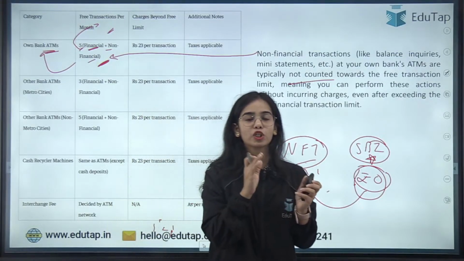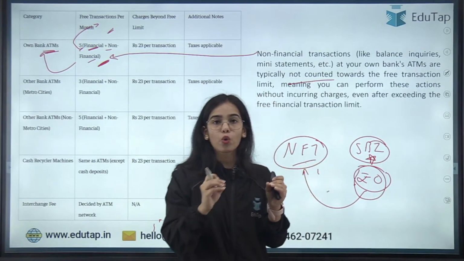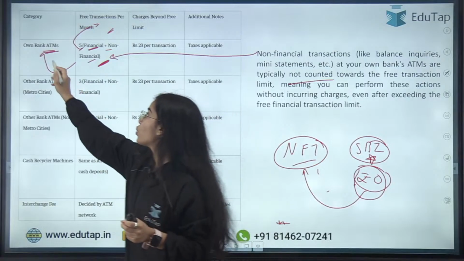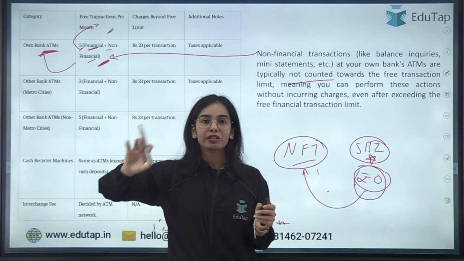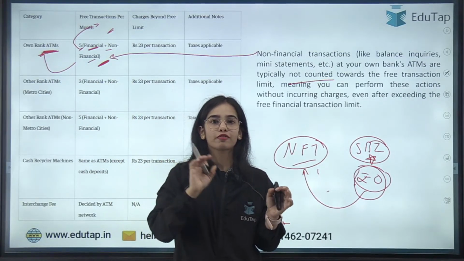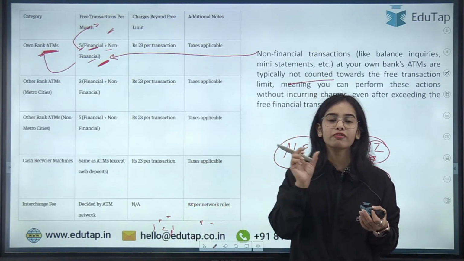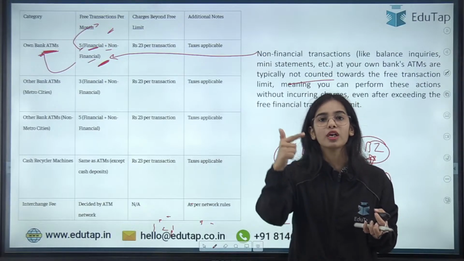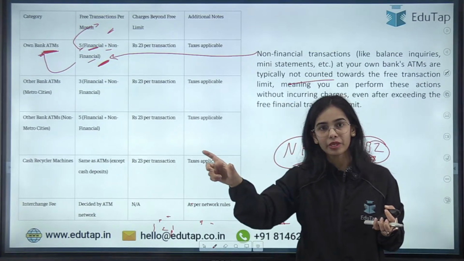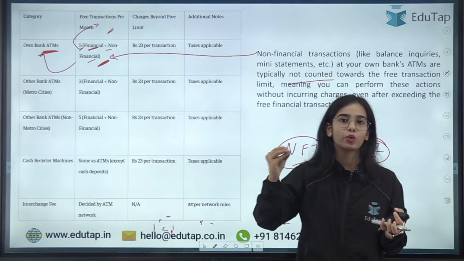So the idea is that non-financial transactions at your own bank's ATM are typically not counted towards the free transaction limit, and usually no charges are taken on non-financial transactions from your own bank. That is, the ATM is of the same bank and the card you are holding is of the same bank.